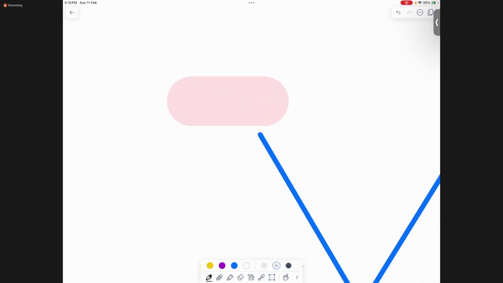What do we call this? Right, it is called the mass number. It's also called the nucleon number, correct?